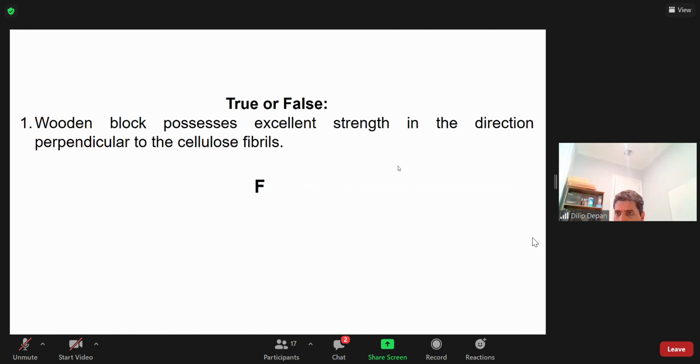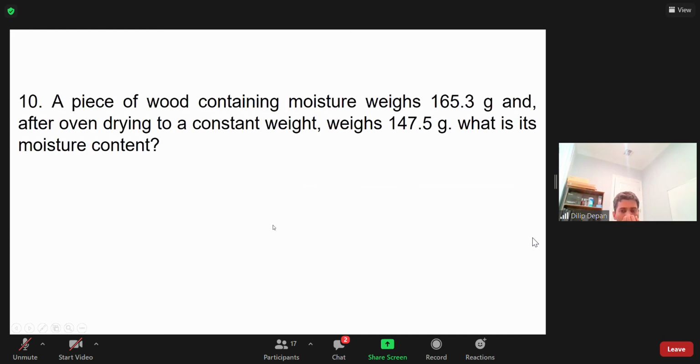Okay, I think this is the last problem, guys. And the last problem is a math problem.